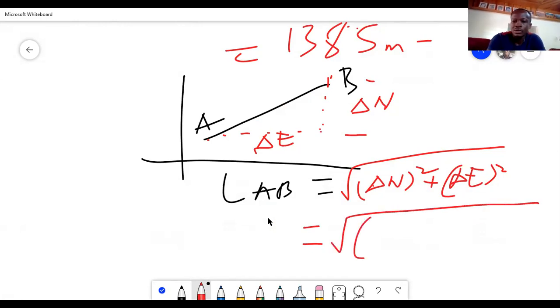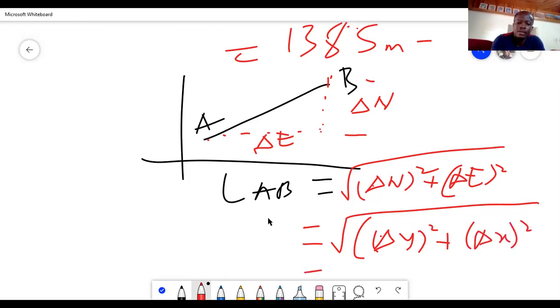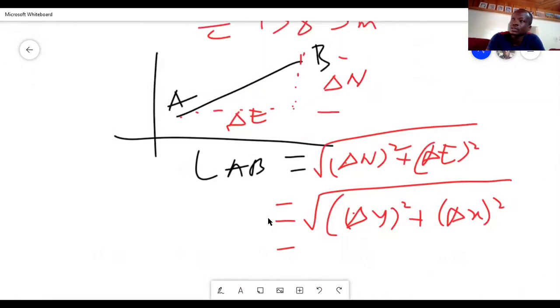So delta northing is like saying the change in y coordinates. So LAB is equal to the square root of delta y squared plus delta x squared. That's because according to Pythagoras theorem, the square of the adjacent and opposite is equal to the square of the hypotenuse.